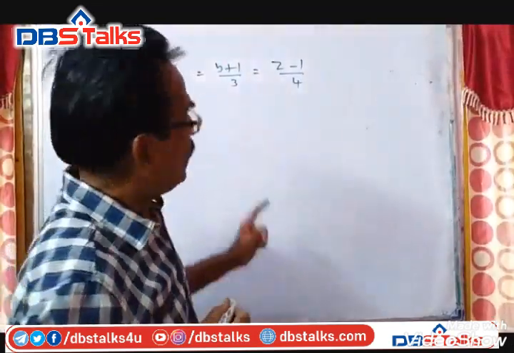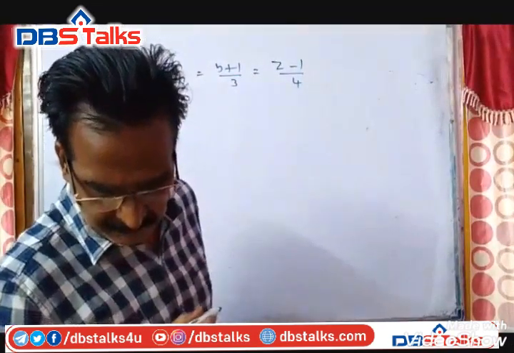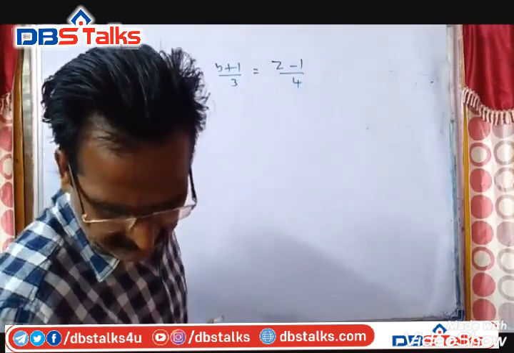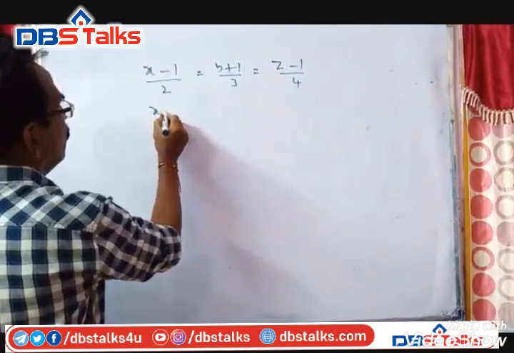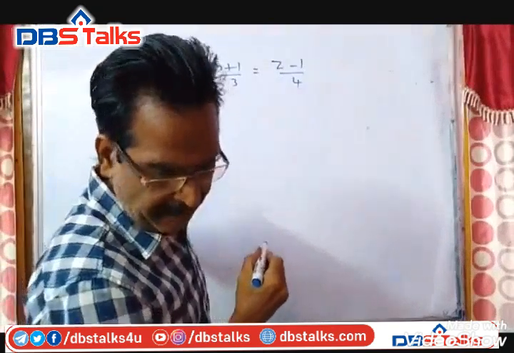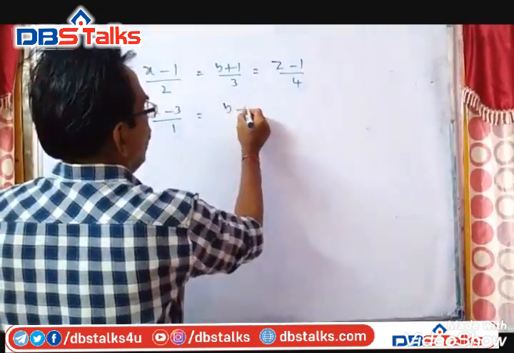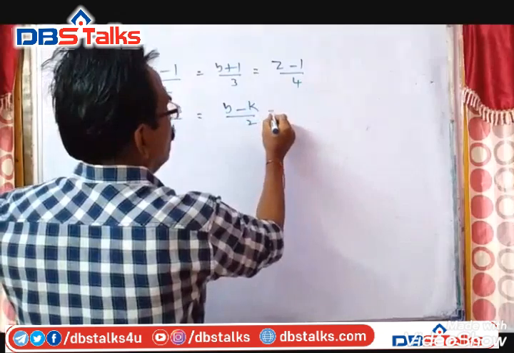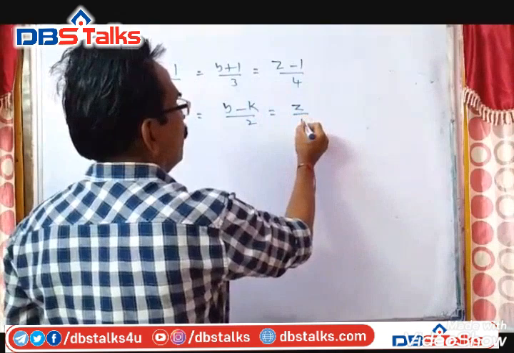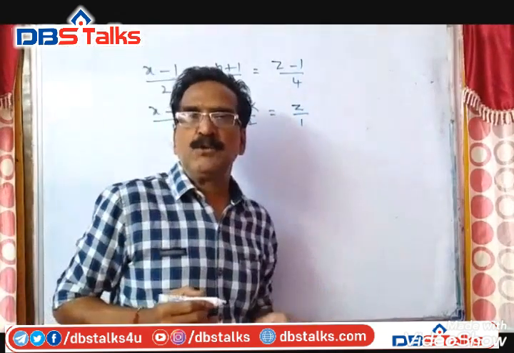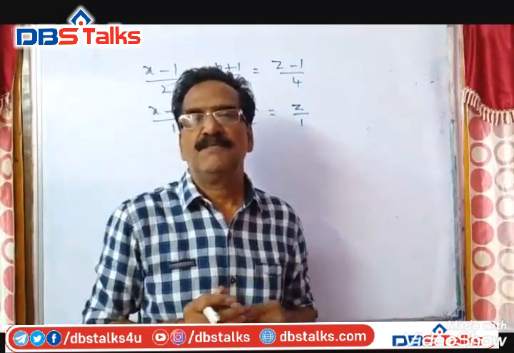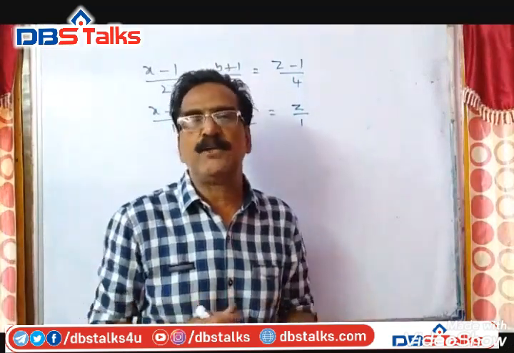This line, (x minus 1)/2, (y plus 1)/3 and (z minus 1)/4, and (x minus 3)/1 is equal to (y minus k)/2, that is equal to z/1. If these two lines intersect, what is the value of k?